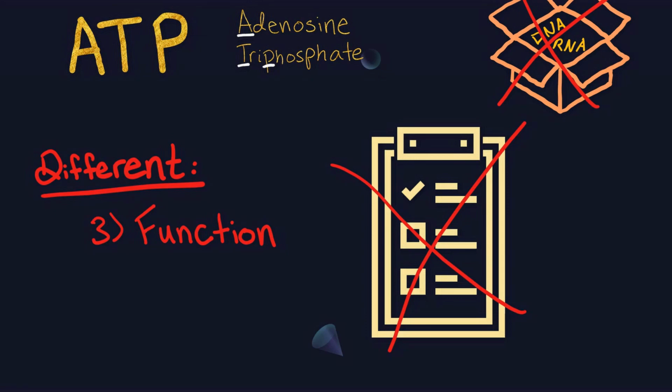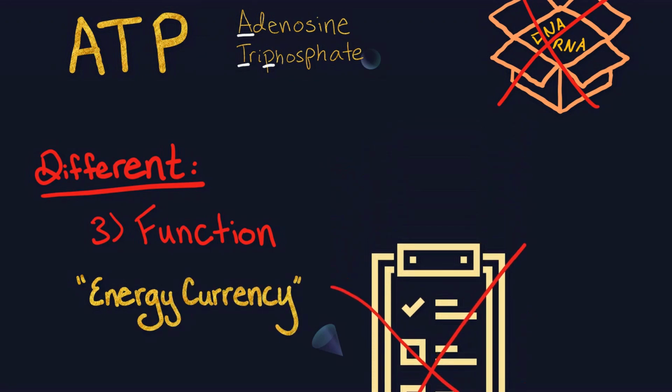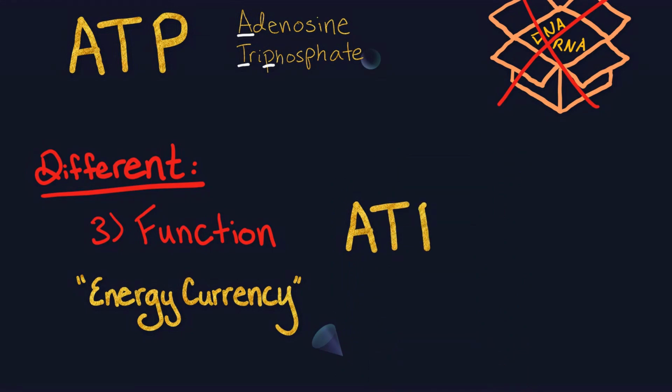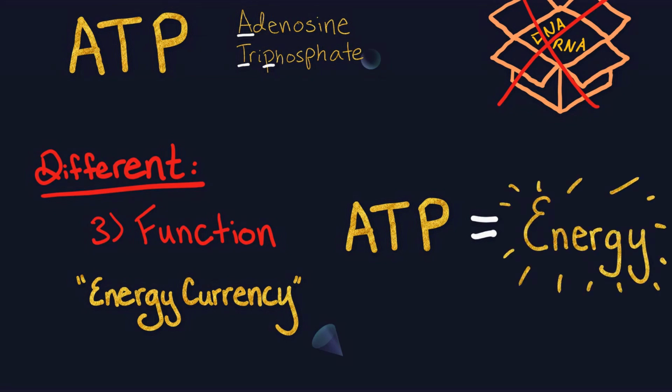ATP is actually known as energy currency. So whenever you see ATP pop up in a subsequent discussion, I want you thinking energy. So if a cell has one ATP molecule present, then it effectively has 1 unit of ATP.